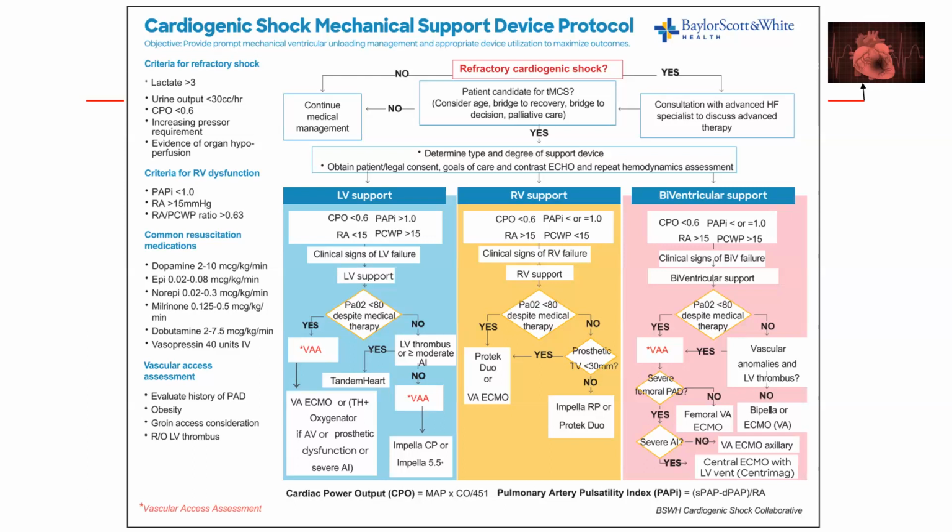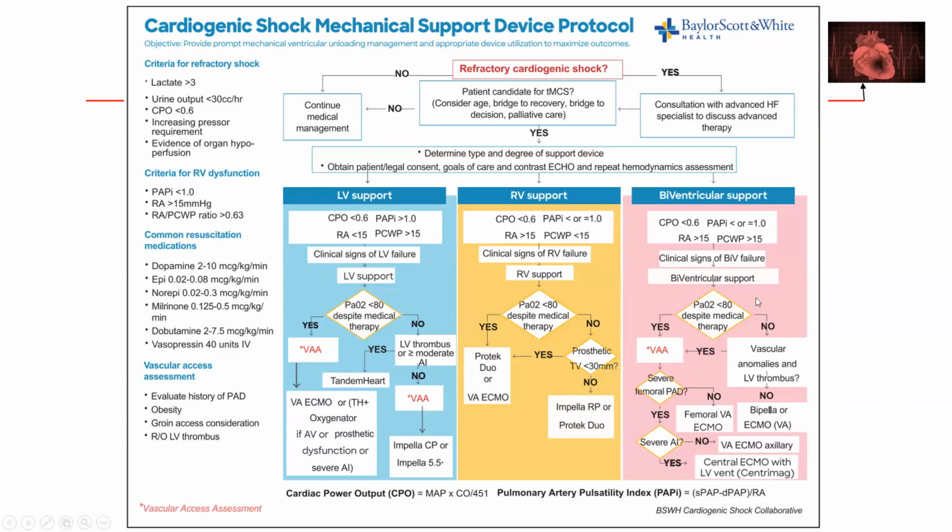And also, if you have failed medical therapy, I will consider VA ECMO. VA ECMO means that I am going to bypass both the heart and the lungs. I'm going to oxygenate your blood outside. I'm going to return that blood into the aorta. VA ECMO.